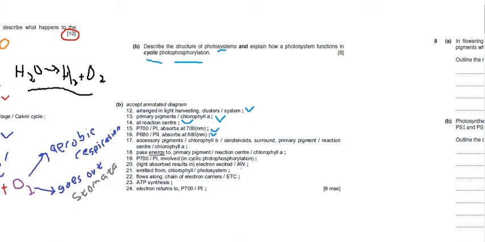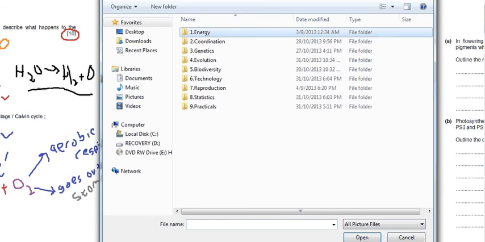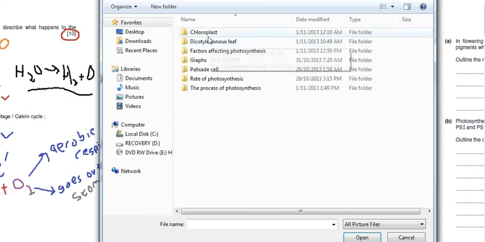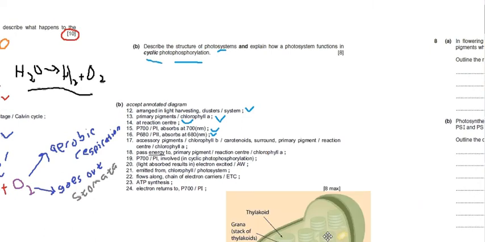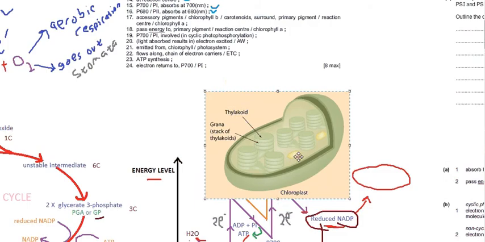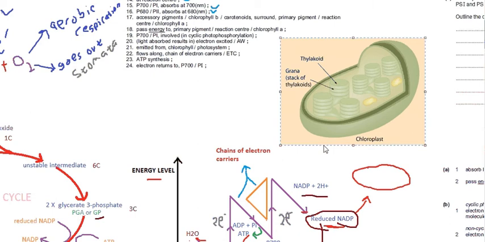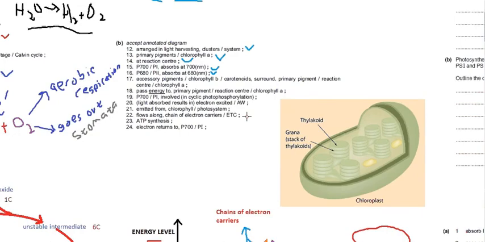Okay, so we should recall the diagram. Let me just find the diagram which we require over here. We should remember this diagram. This is a very important diagram actually, and we should know that this is a photosystem.